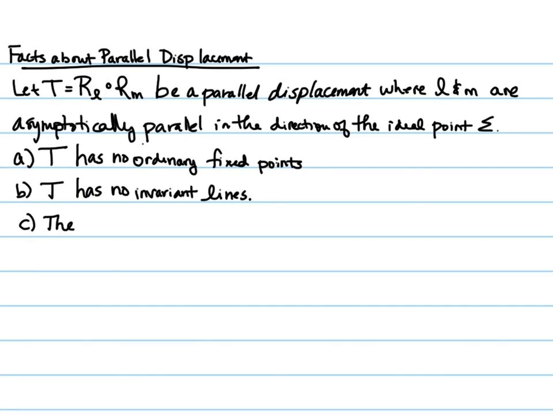The third one is that the only ideal fixed point of T is sigma, because sigma lies on both of those lines that we're reflecting over, of course.